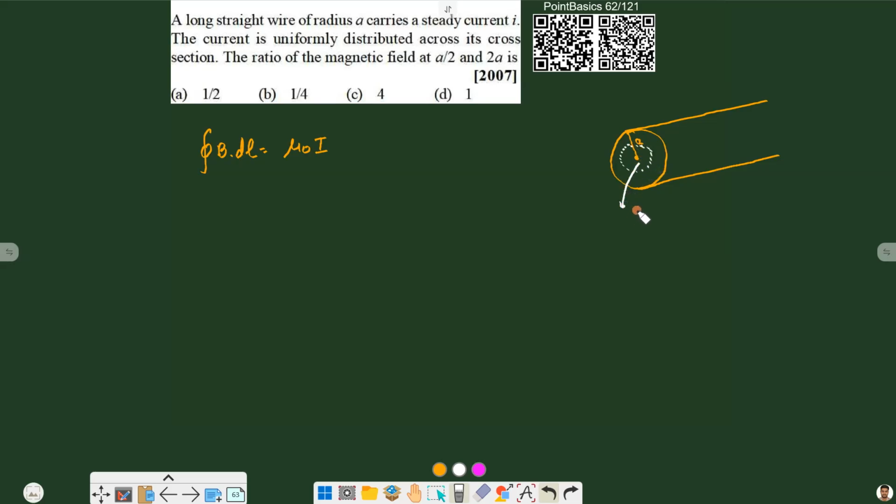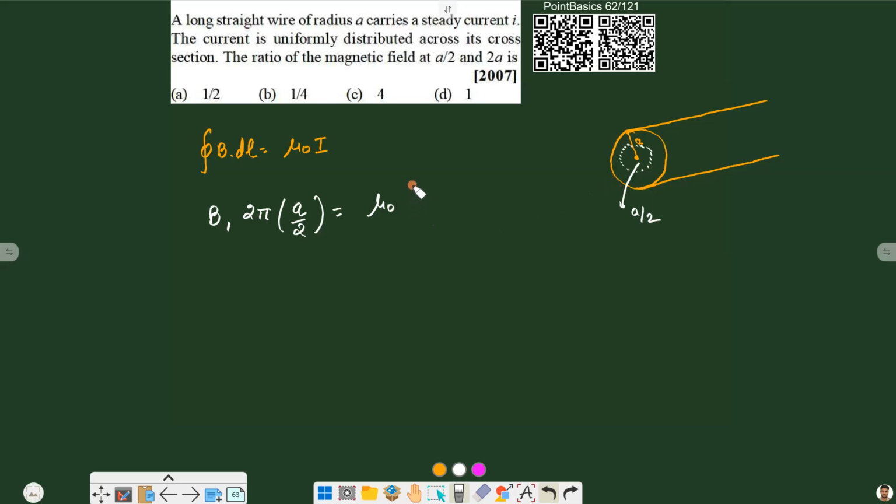So the radius of this circle is A by 2. Now using this formula, we mark it as B1. Field at radius A by 2 is B1 into dl. dl is the circumference. For radius A by 2 it will be 2 pi into the radius, that is A by 2. Mu naught times the current in this circle, and current is divided by area.